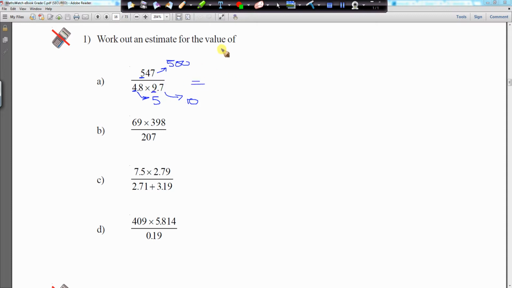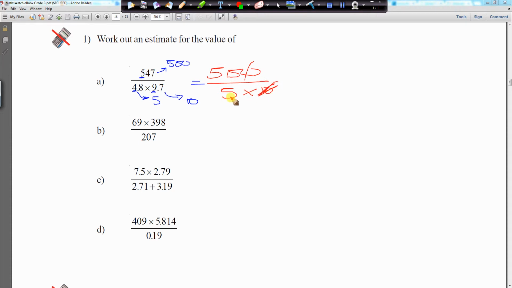Now let's carry on this calculation. We have 500 on the top, and we divide that by 5 times 10. We can straight away divide top and bottom by 10. That's gone.